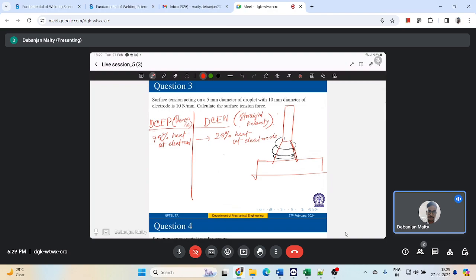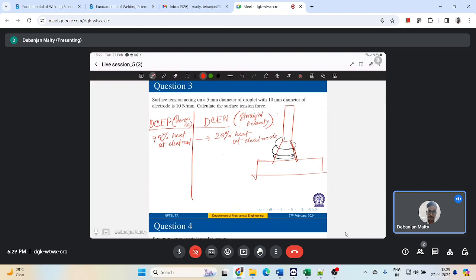What are the other differences of electrode positive and electrode negative? With electrode positive, wherever you are using consumable electrodes, like in submerged arc or shielded metal arc, you have to use DCEP, or the reverse polarity, because less penetration happens, the heat affected zone is less, and the oxide cleaning that takes place is good.